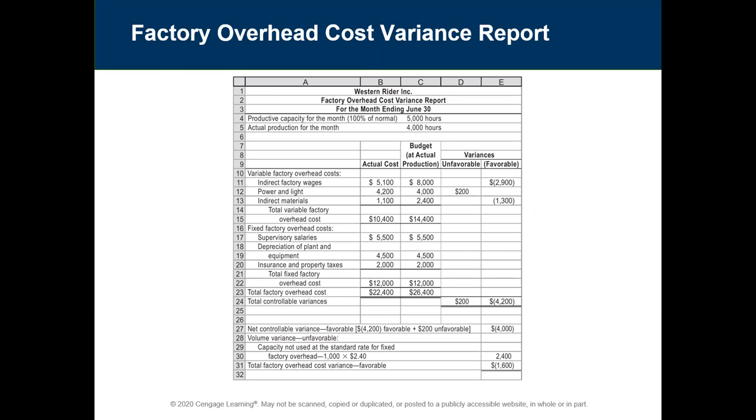So you'll see the variable factory overhead costs, and they have it broken down to indirect factory wages, power and light, indirect materials. Then they have the actual cost, the budget or standard cost, and then the variances, whether they're favorable or unfavorable. Here in the fixed costs, you can see there was no variance because they were fixed.